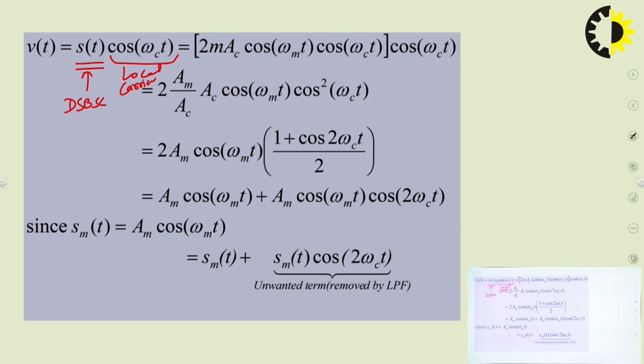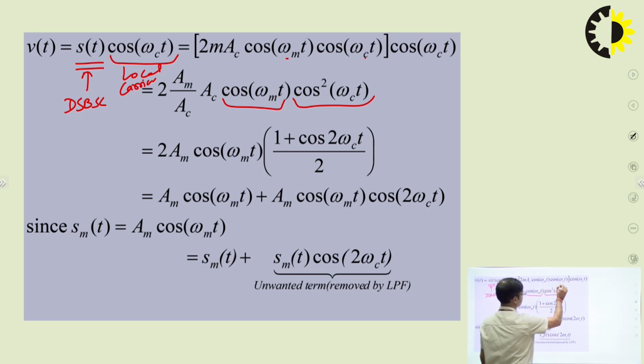Now, let us see, when we express the SDSB-SC signal mathematically, we get 2 Am Ac cos omega mt into cos omega Ct, and this is whole multiplied by the product cos omega Ct, and we can represent it like this: cos omega mt and cos square omega Ct.